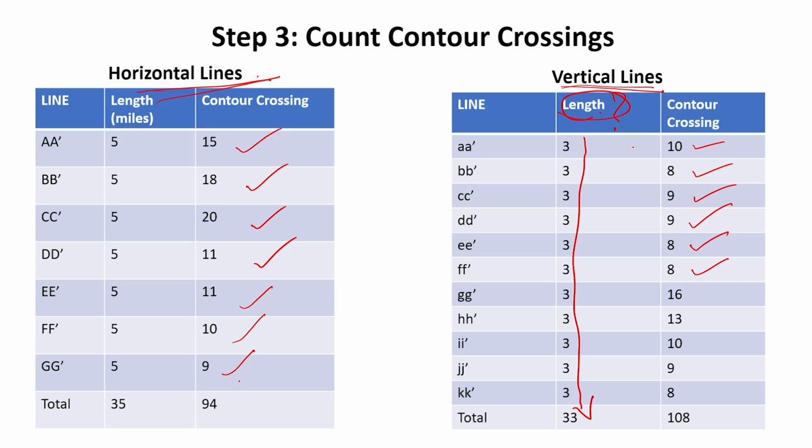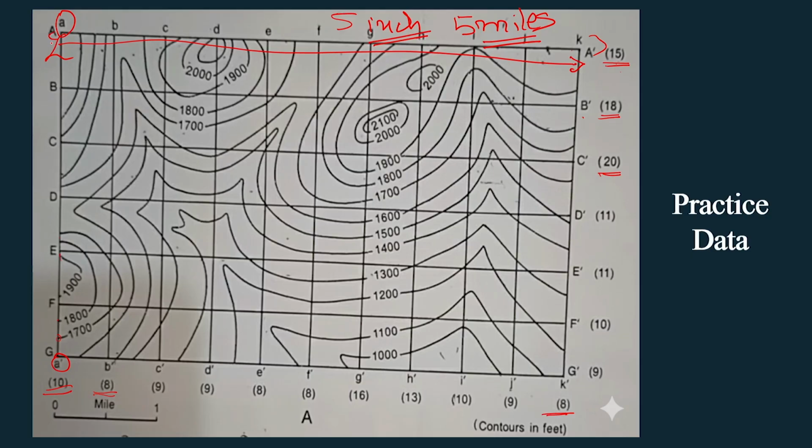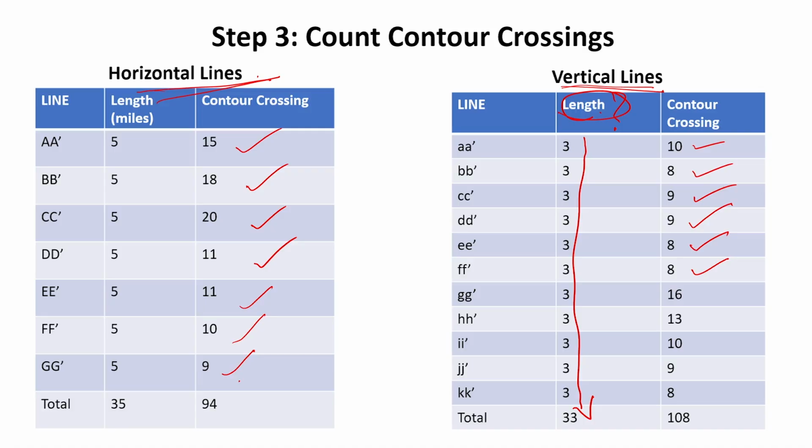Since each grid is of uniform length, say each line here is 5 miles. So we have 1, 2, 3, 4, 5, 6 and 7 lines that are 5 miles each. We have entered that into our table and totaled it at the bottom.